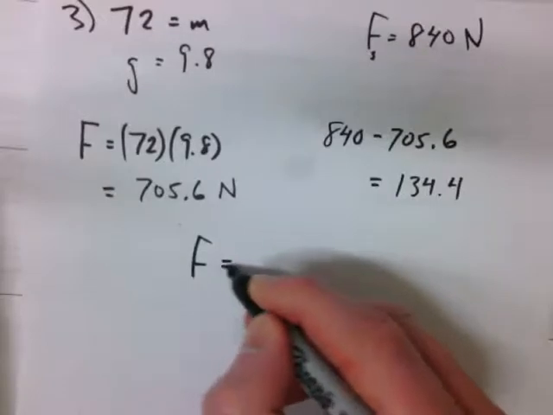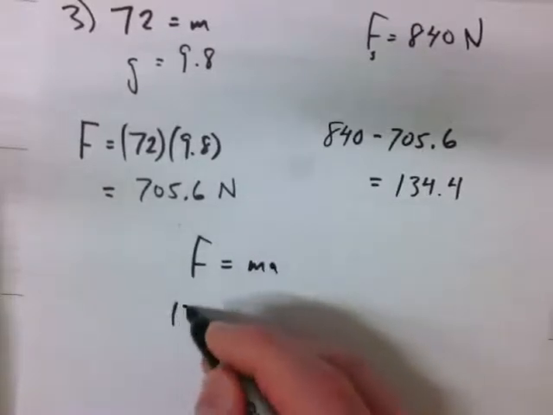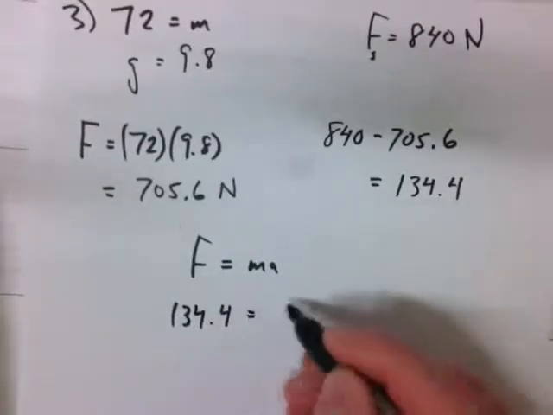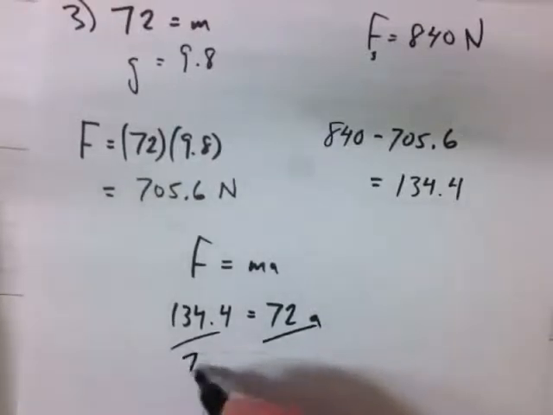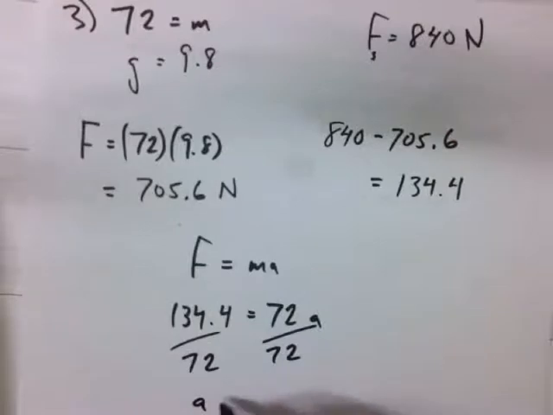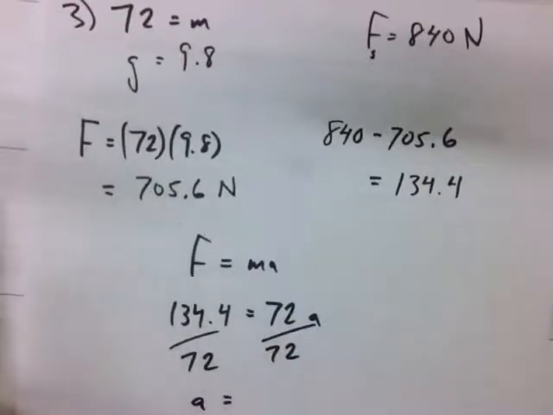So F equals ma, 134.4 equals 72a. Divide both sides by 72. So it's 1.86 repeating. Sig figs, 1.9 meters per second squared up.